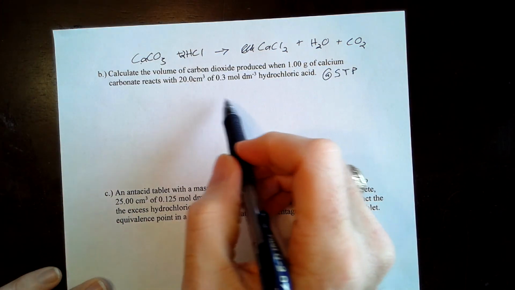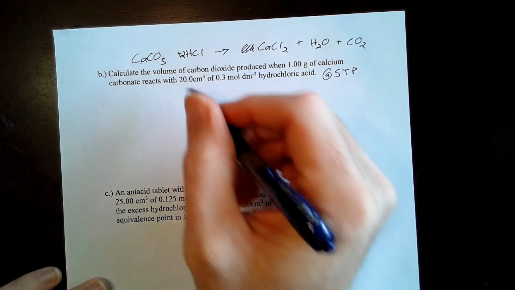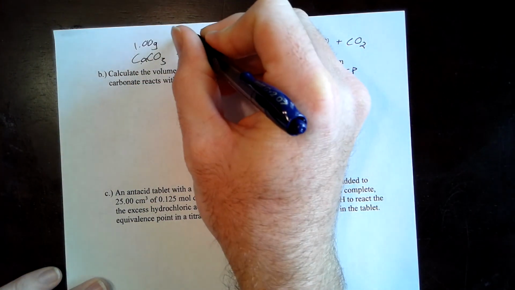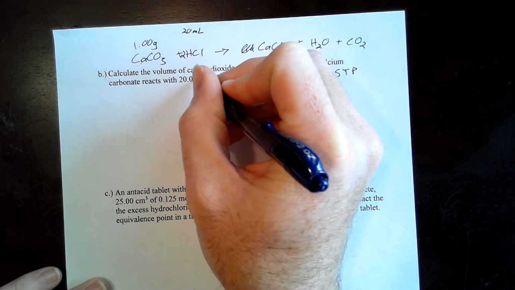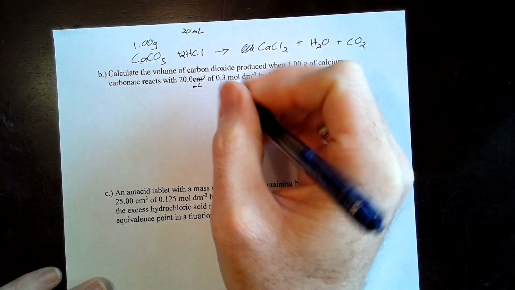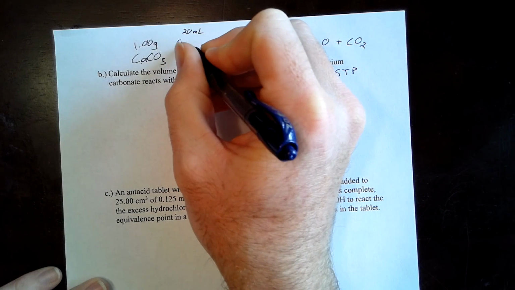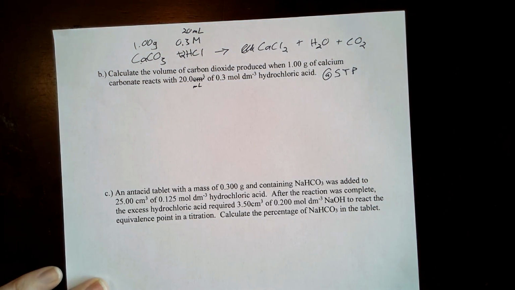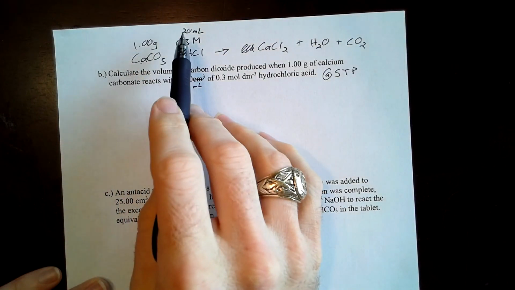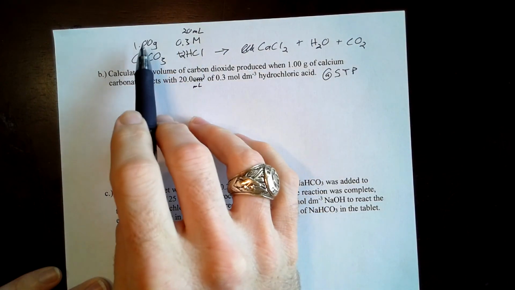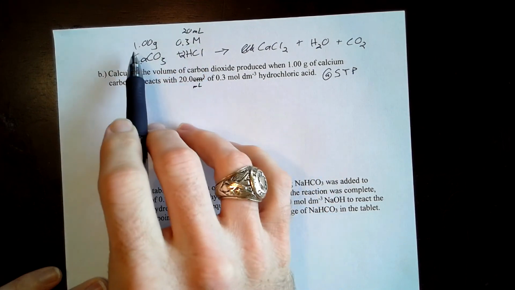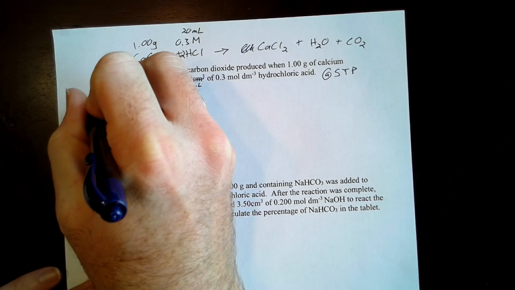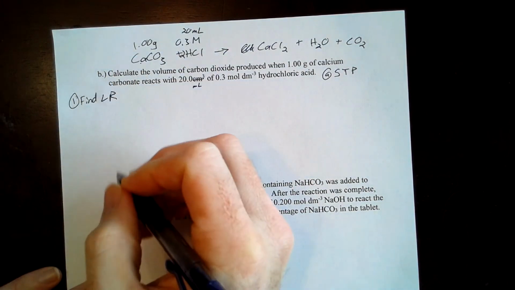So let's figure out, we had 1 gram of this stuff, and we had 20 milliliters. Remember, centimeters cubed and milliliters are the same thing. And 0.3 molar HCl. All right, so we have 2 reactants. We know the quantities of both of them, so one of them is going to be a limiting reactant. We need to find the limiting reactant first.